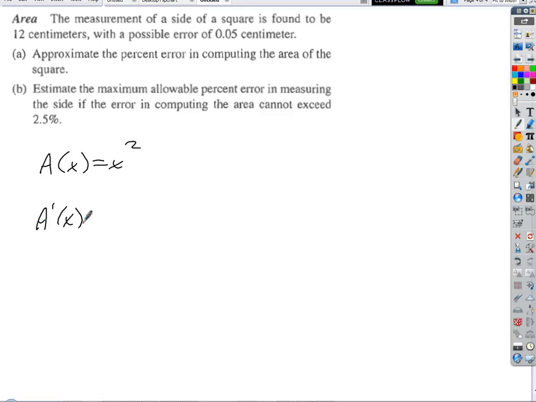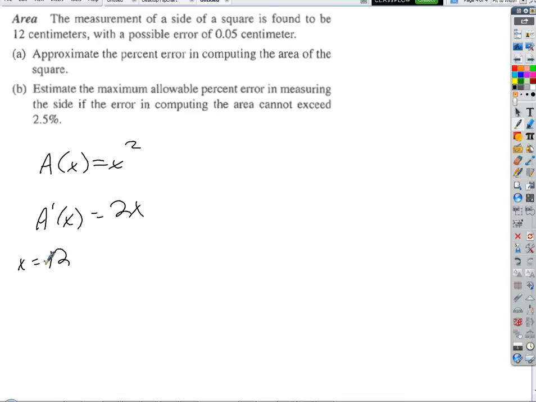2x. That's good. And we're saying that x equals 12. Then they're saying that the maximum allowable percent error in measuring area cannot exceed 2.5%. So they're not comparing dx over x. They're saying that dA over A has to be less than or equal to that.